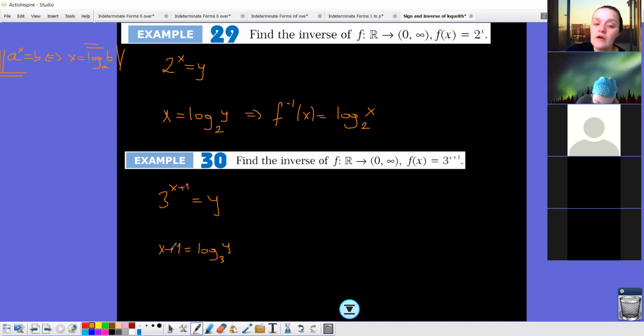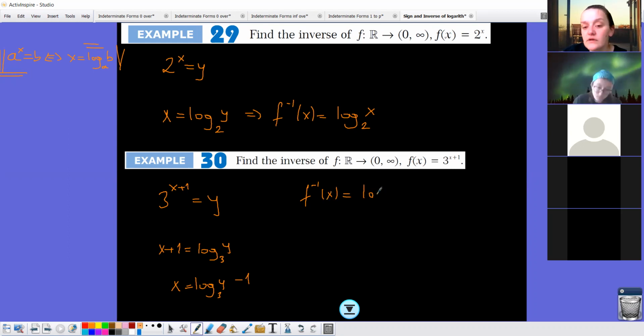Then, because I'm looking for x, I will take this one to the other side. So it will be x is equal to logarithm of y to the base 3 minus 1. So in this case, your inverse, f inverse of x, will be, now instead of y, you'll write x: logarithm of x to the base 3 minus 1.